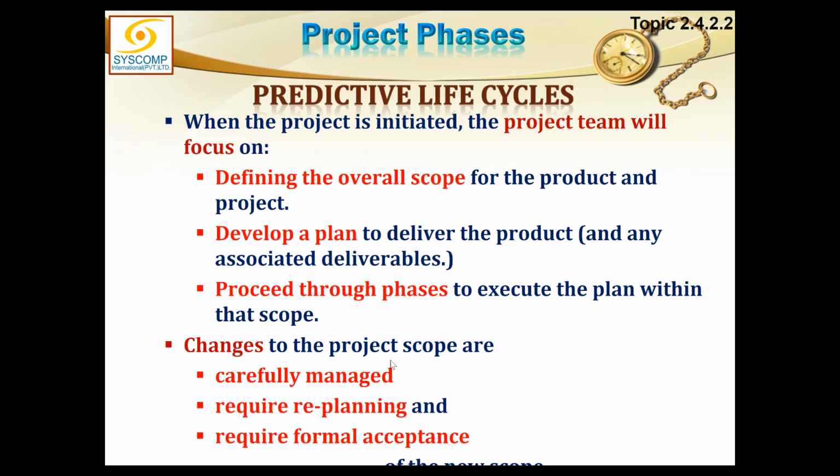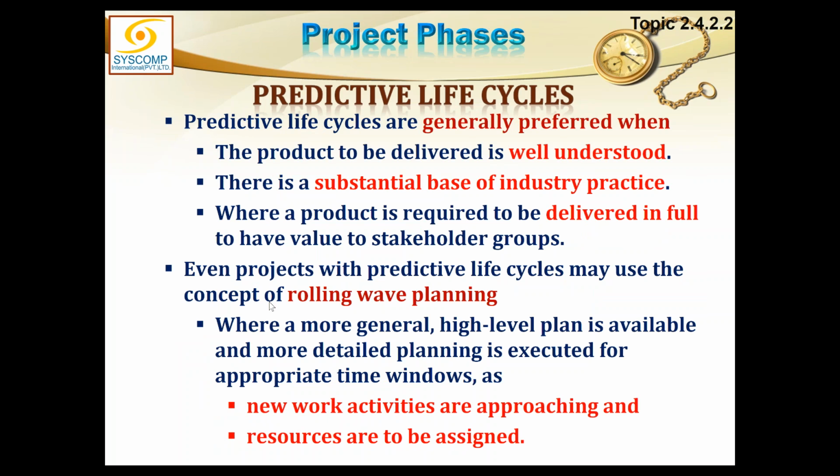Changes to a project scope are carefully managed in this case, and if replanning is required, you amend your plans, and for every change there would be a formal acceptance. So the scope keeps getting revised. This is a traditional way of doing projects, predictive life cycle.